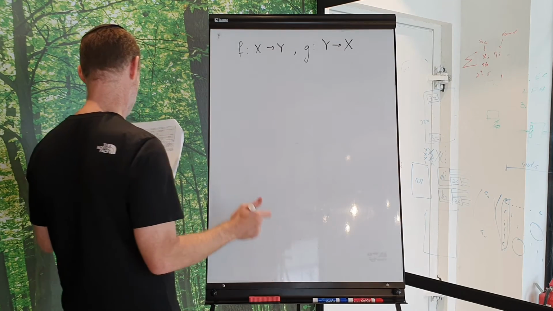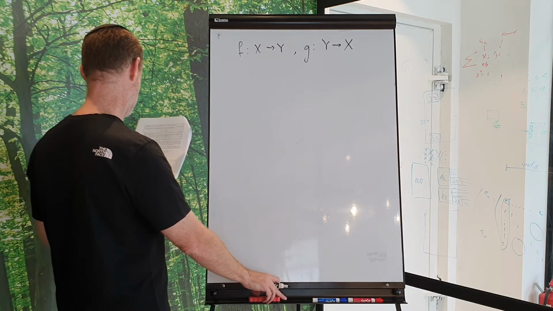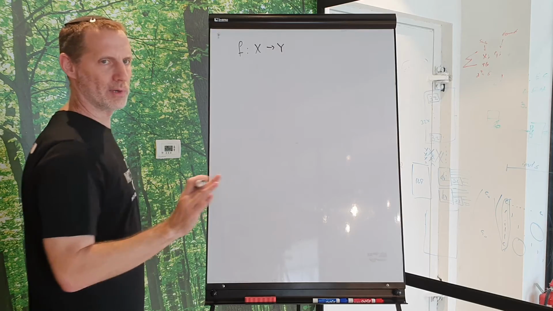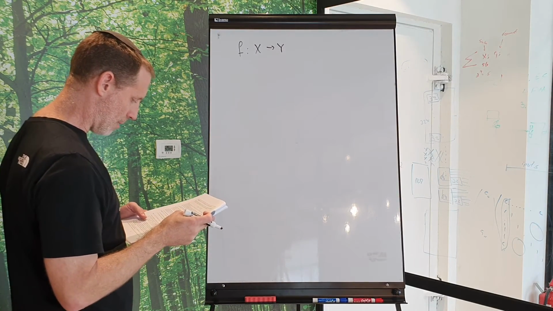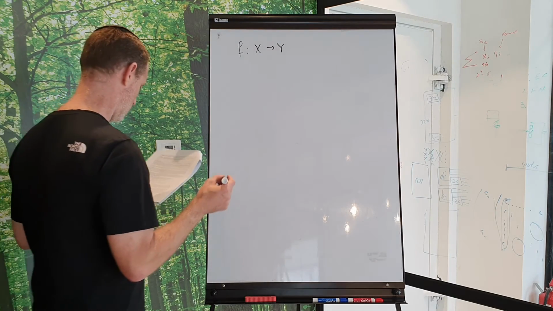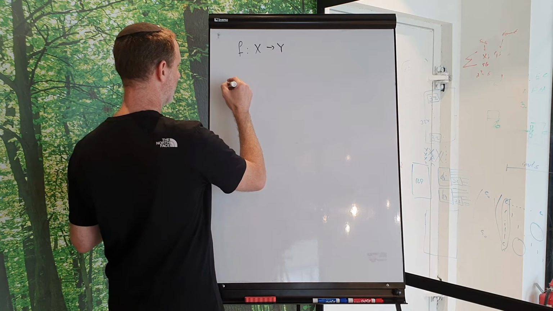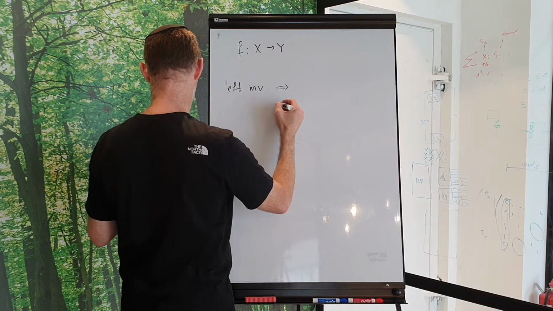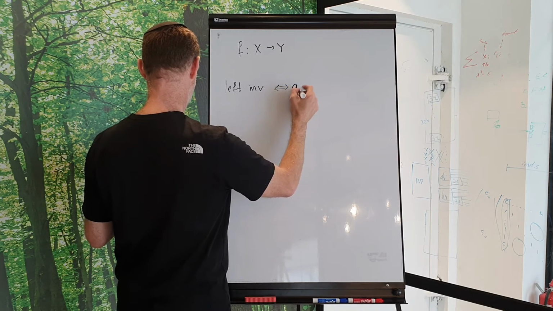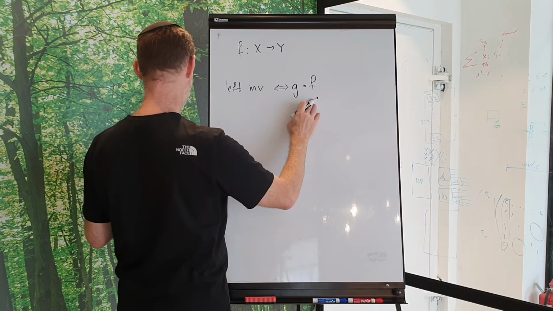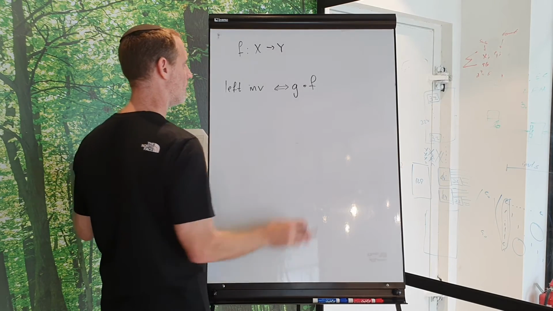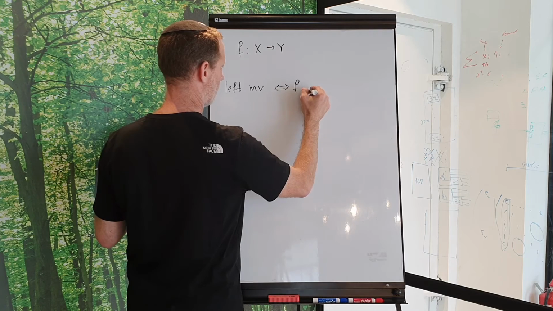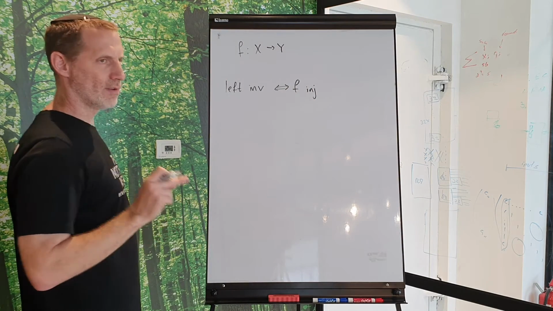If we've got f, and necessarily x and y are both non-empty sets, otherwise it doesn't necessarily hold. The existence of a left inverse, and it's actually if and only if, requires that f is injective, to have a left inverse.